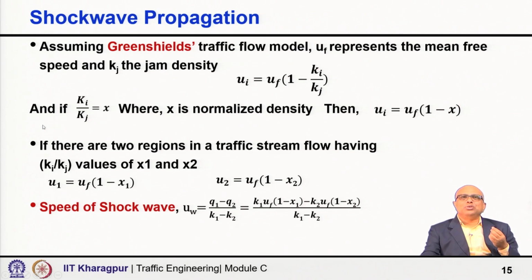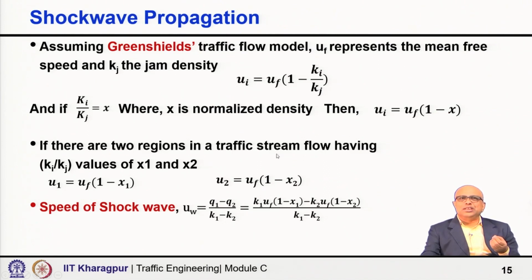Now, let us consider that Ki by Kj is x, the normalized density. Instead of expressing the density Ki, I am expressing it as a density normalized with respect to the jam density. Then I can write Ui equal to Uf into 1 minus x.